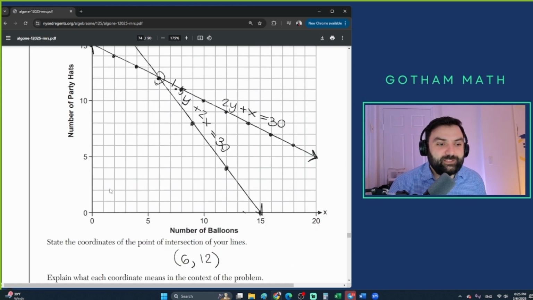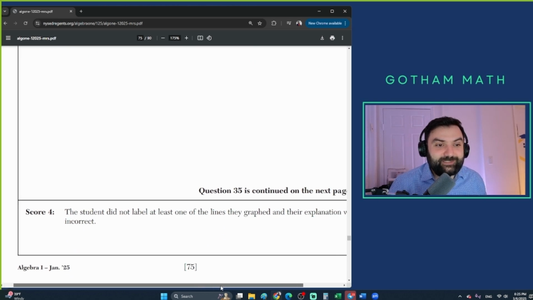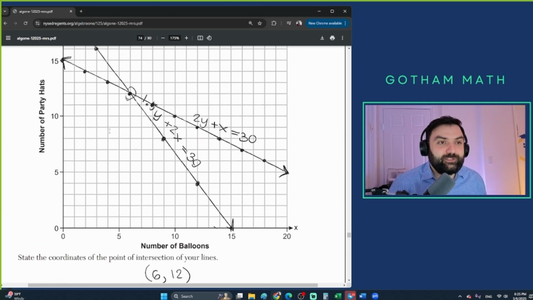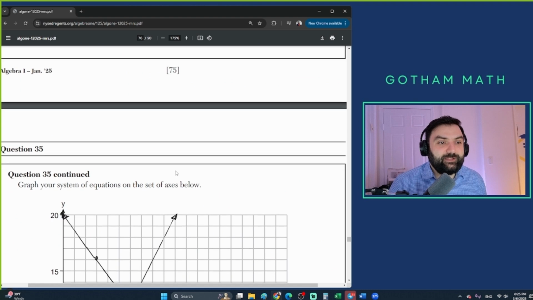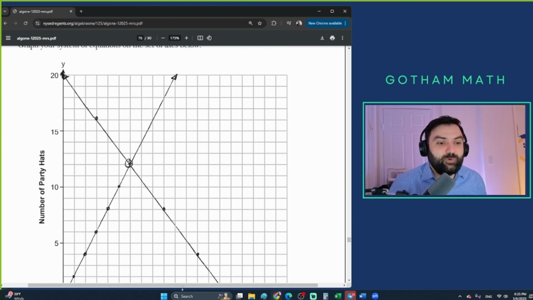This is crazy luck. The student did not label at least one of the lines. Look at this, guys. I told you that you need to label them like this. And I think the next one was not labeled at all. And a point has been taken.